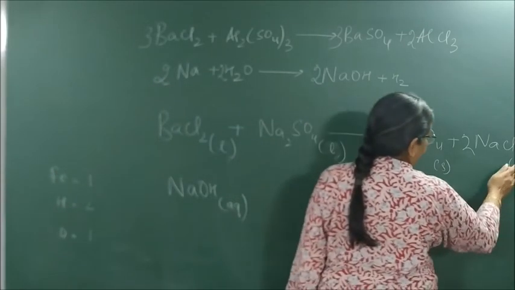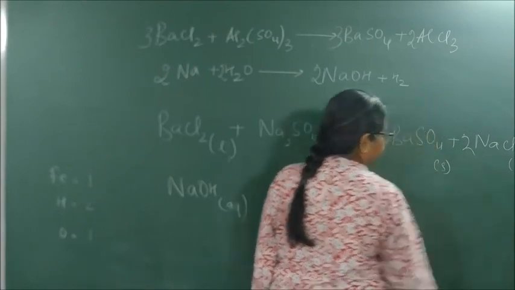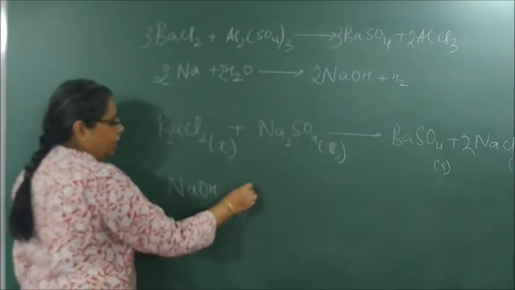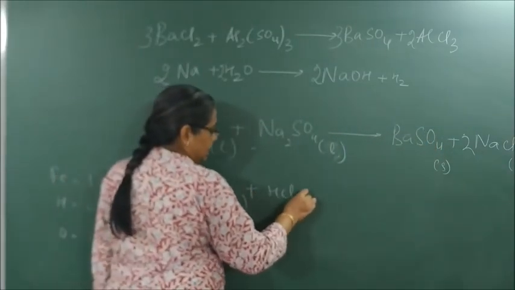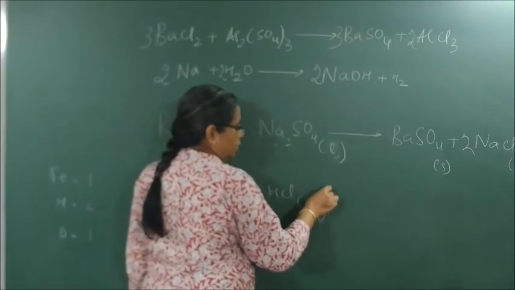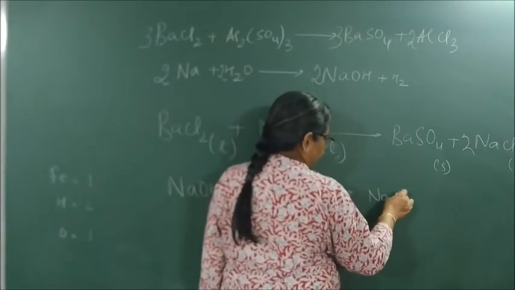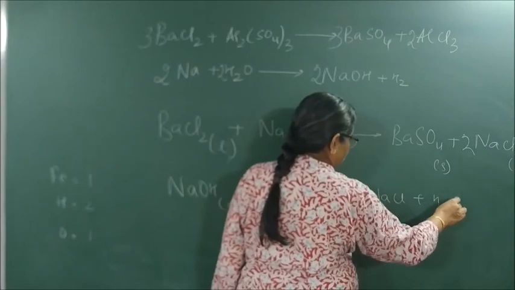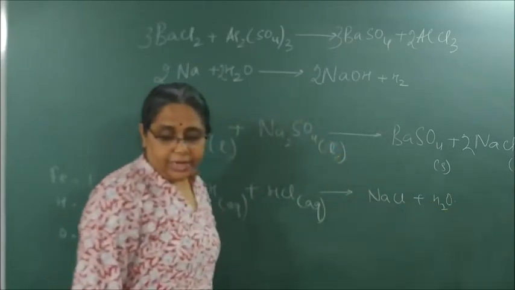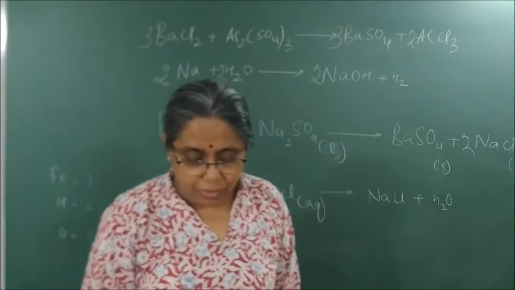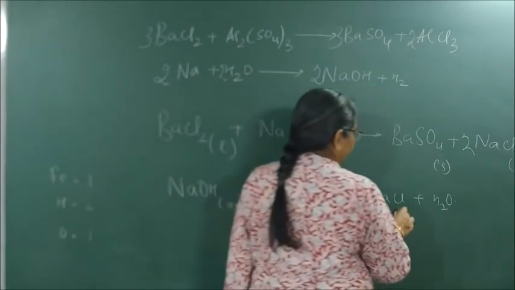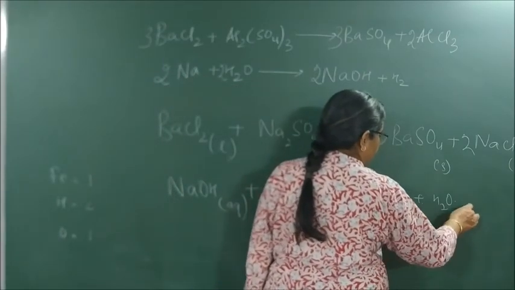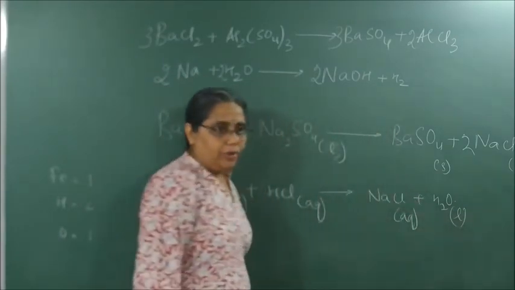So you can write all these as liquid. Now NaOH aqueous plus HCl aqueous gives NaCl plus H2O. What have they written for NaCl? To produce sodium chloride solution. So this is aqueous solution, plus H2O liquid.